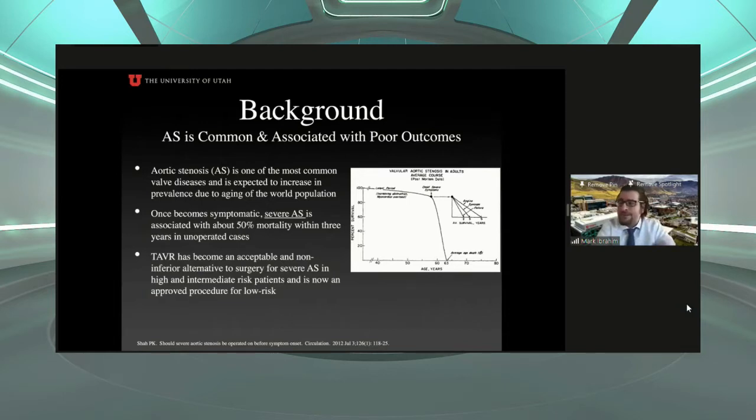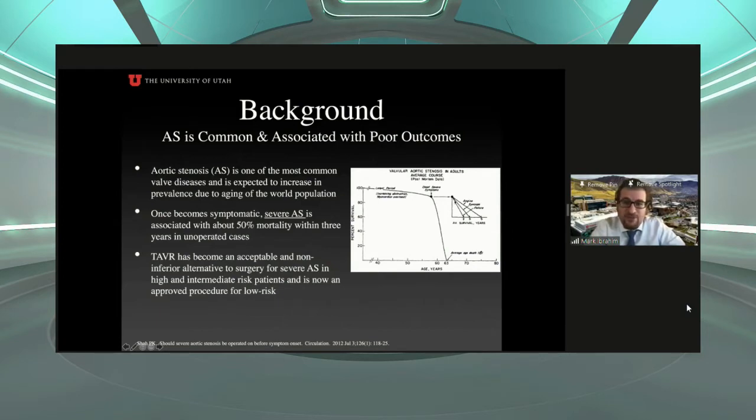So again, as Dr. Tandon elegantly alluded to, aortic stenosis is very common and associated with poor outcome. It is considered one of the most common valve diseases and is expected to increase in prevalence due to the aging population. The most alarming thing is that once it becomes symptomatic, the natural history shows a dismal outcome.